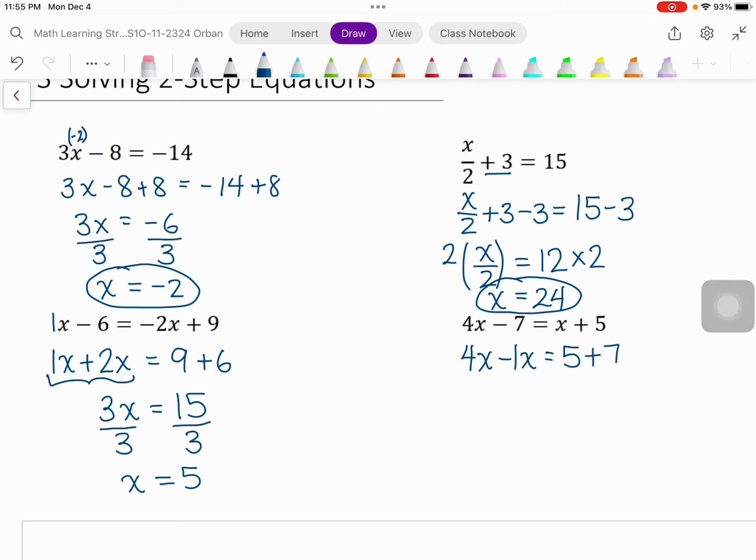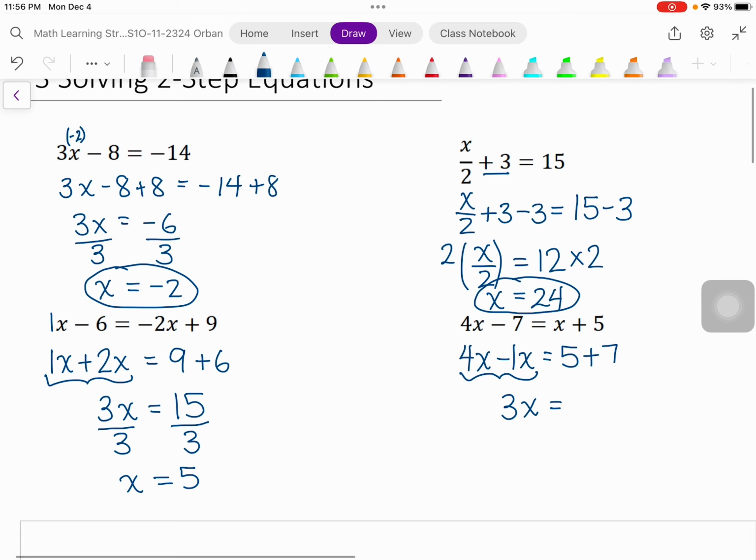So now I'm going to combine my like terms. So I have 4x subtract 1x. That leaves me with 3x. And on the other side, I have 5 plus 7, which is 12. So last step to isolate for x, I have 3 times x. So I'm going to divide both sides by 3.